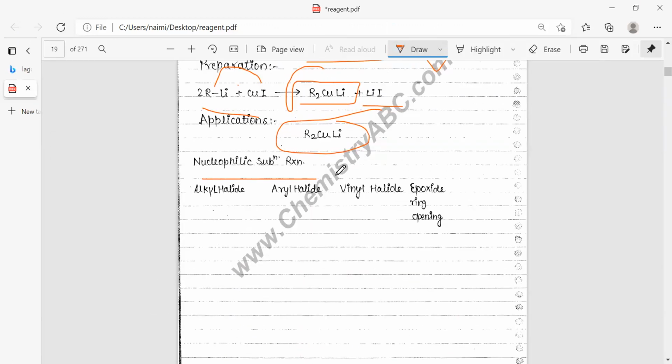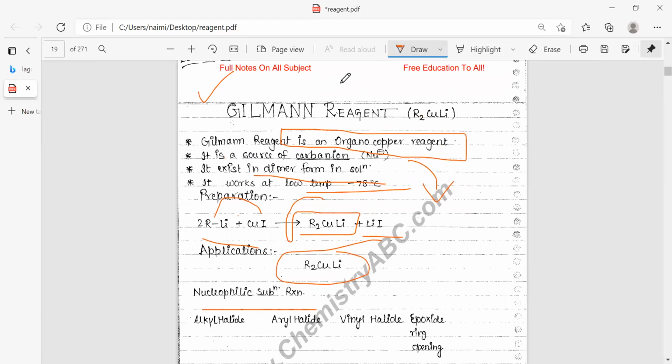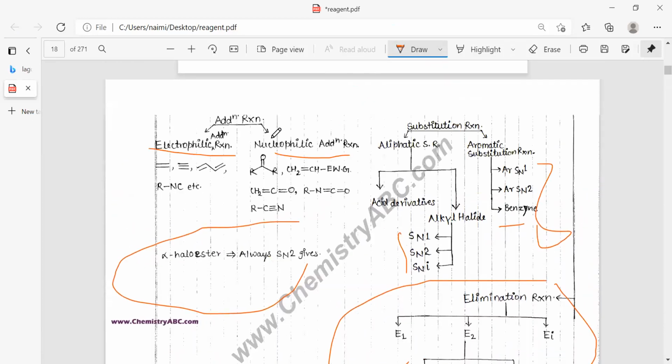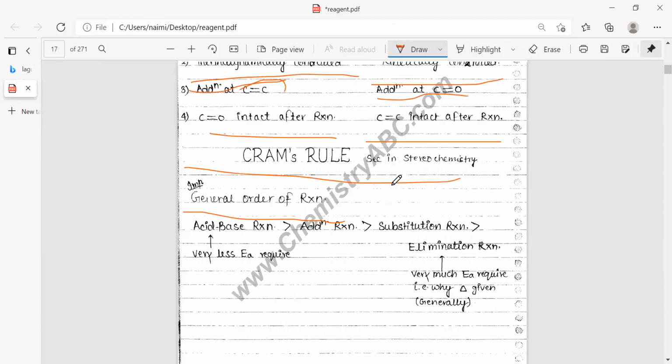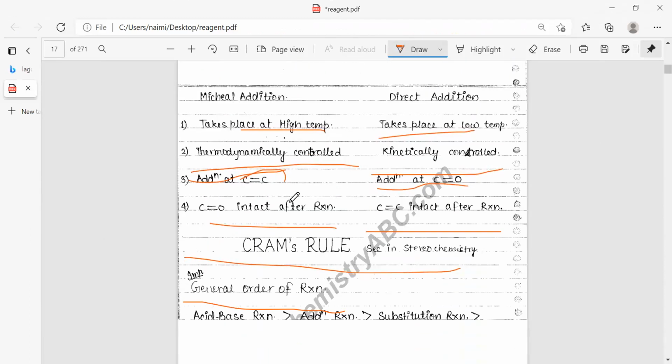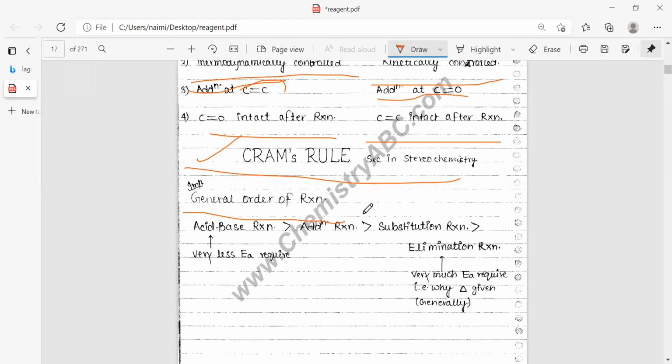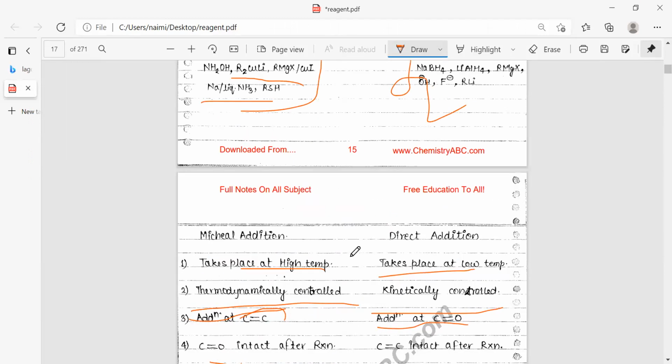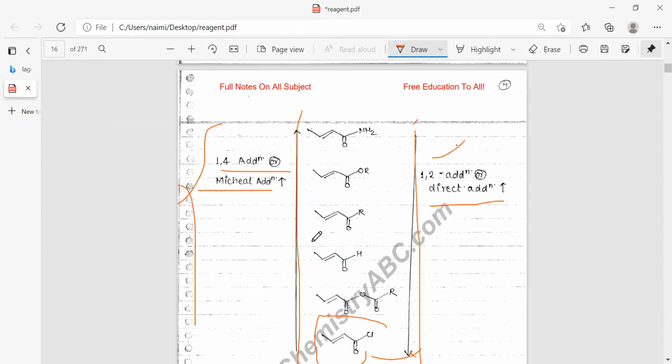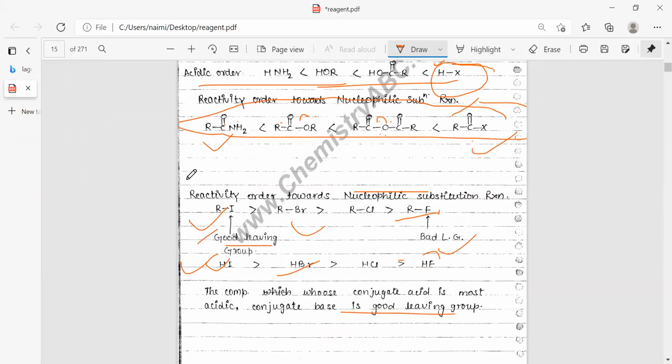Here we will explain in the third lecture. In the second lecture I explained the types of reactions and simple Cram's rule only. Cram's rule we will explain further because here it is not explained very much. Michael addition and direct addition I have also explained in a very simple way, regarding reactivity order, stability, acidic strength and basic strength.